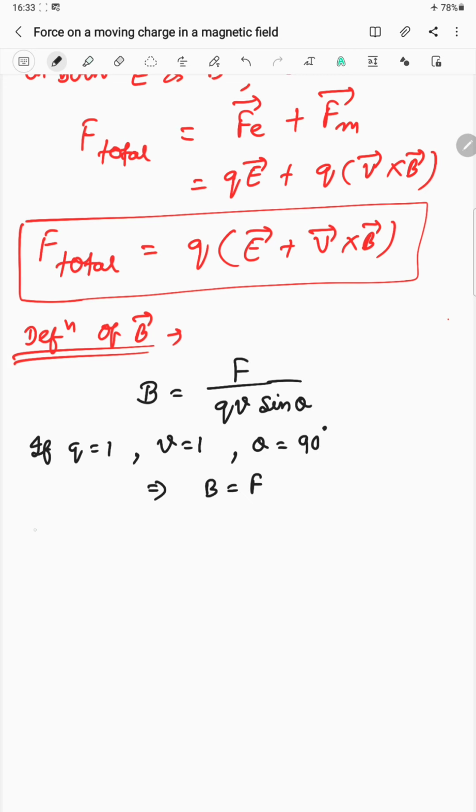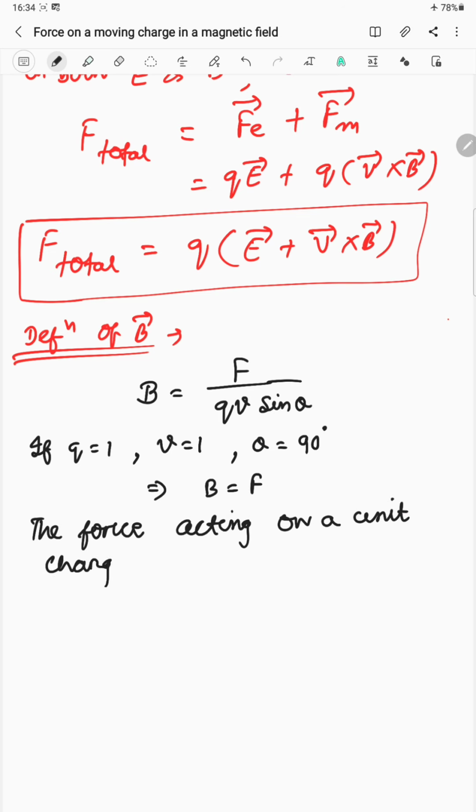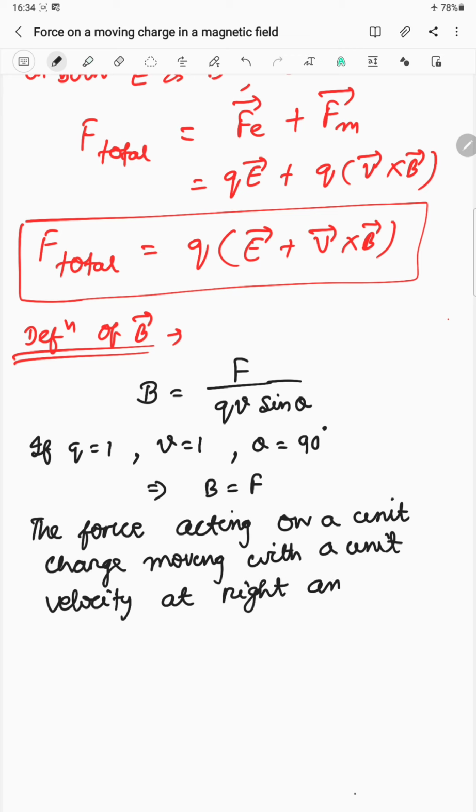It can be defined as the force acting on a unit charge moving with a unit velocity at right angles to the direction of the field.